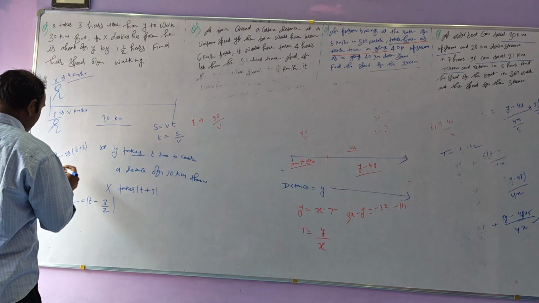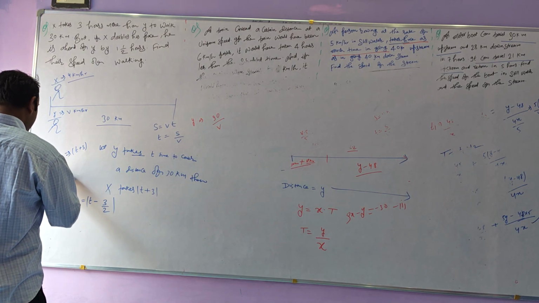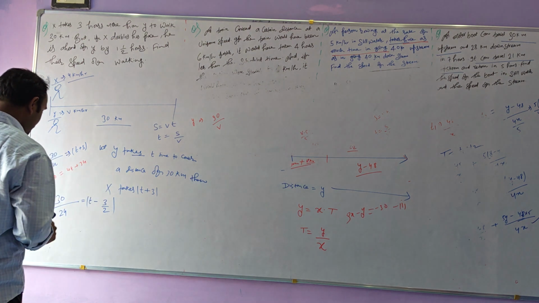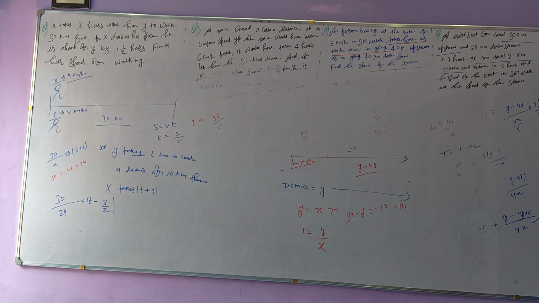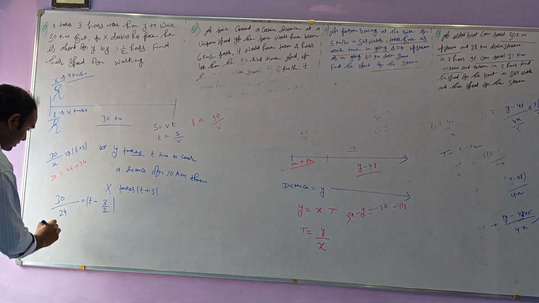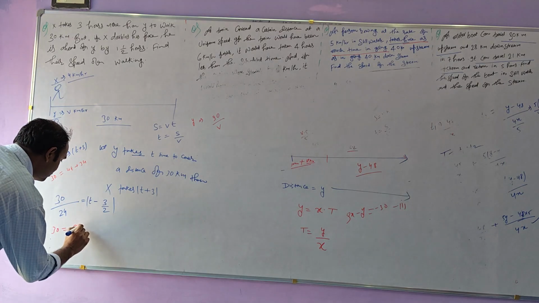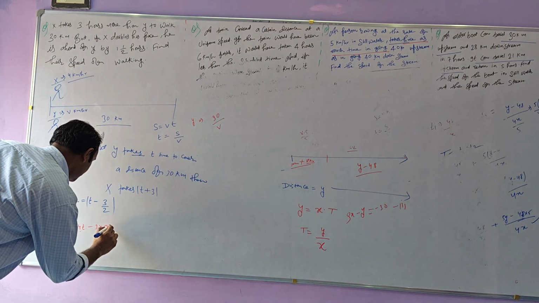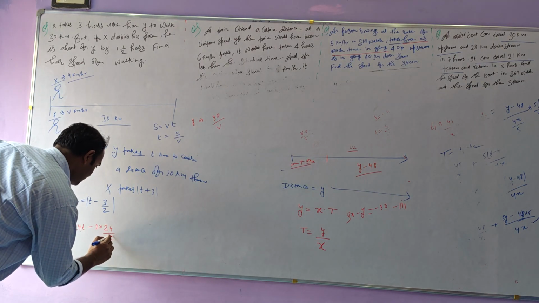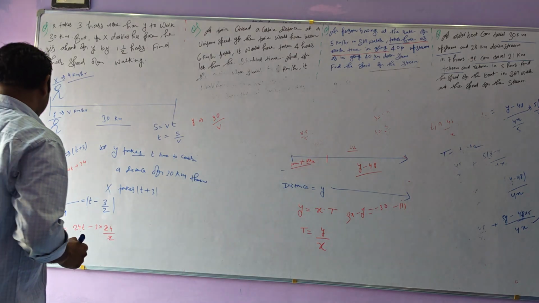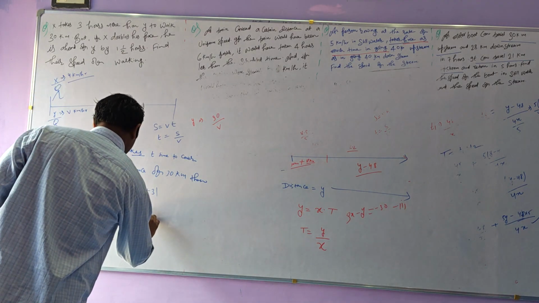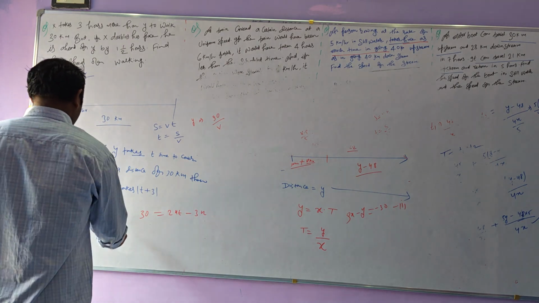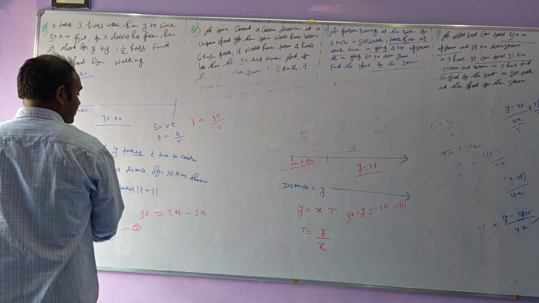Now we solve this. 30 is equal to ut plus 3u, and this becomes 30 is equal to 2ut minus 3 into 2u upon 2, that is 30 is equal to 2ut minus 3u. This is the second equation, and that is the first equation.